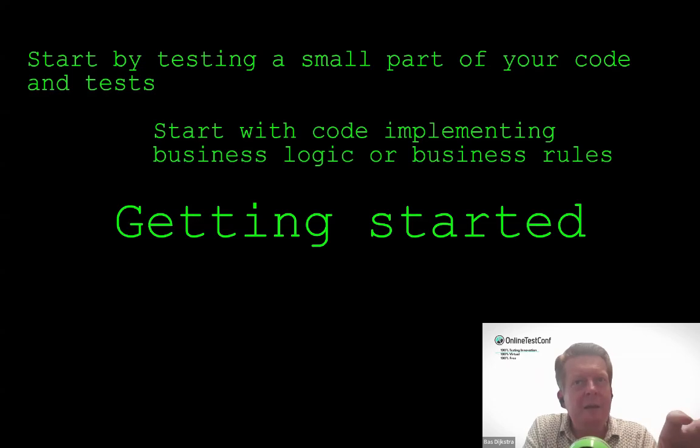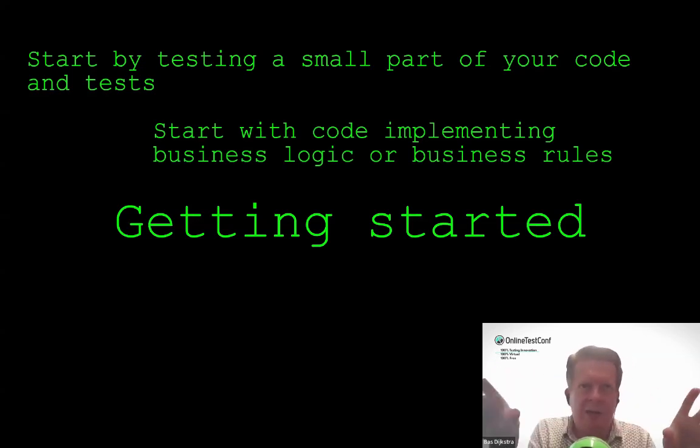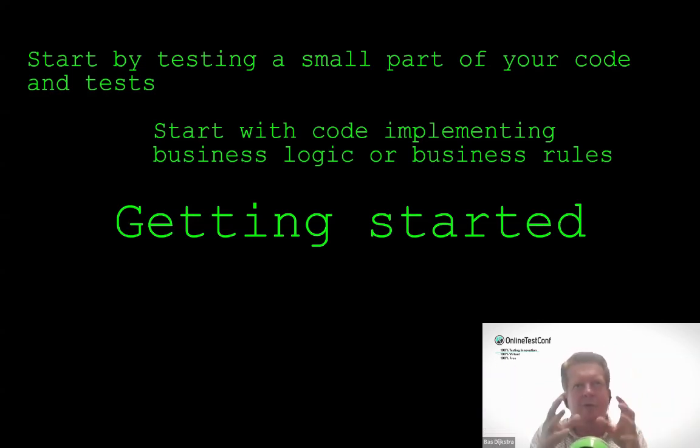It works particularly well for the parts of code that implement business logic or business rules. So if you have if statements and those smaller than, larger than, equal to, not equal to, and those parts of your code, that is where mutation testing shines. And that is typically the parts of your code where the important decisions are being made.